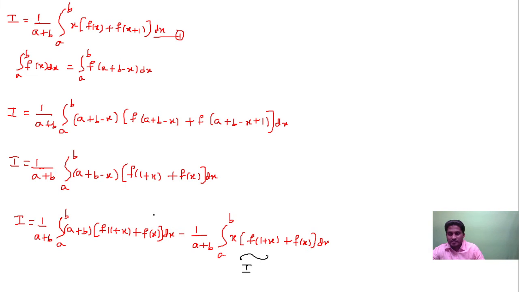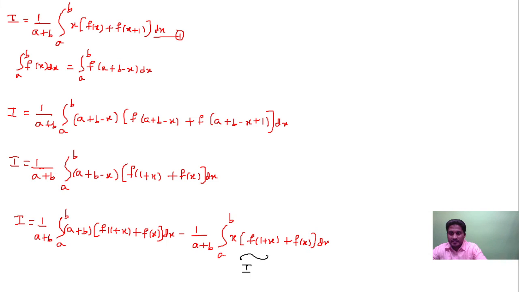You shift on the left side, it will be 2i. So I get 2i is equal to, now if you open the integral here, this a plus b will cancel with a plus b. So this is a to b f of 1 plus x.